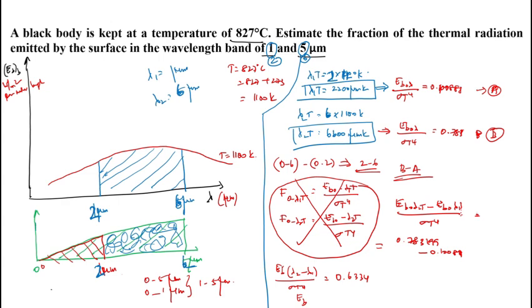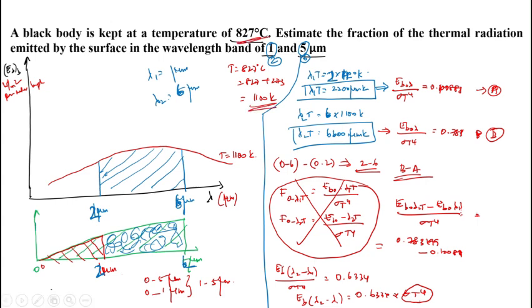So EB of lambda 2 to lambda 1 is equal to 0.6334 into sigma T to the power of 4. Already you know sigma, that is the Stefan-Boltzmann constant, and the temperature is 827 degrees Celsius, which is equal to 1100 Kelvin.